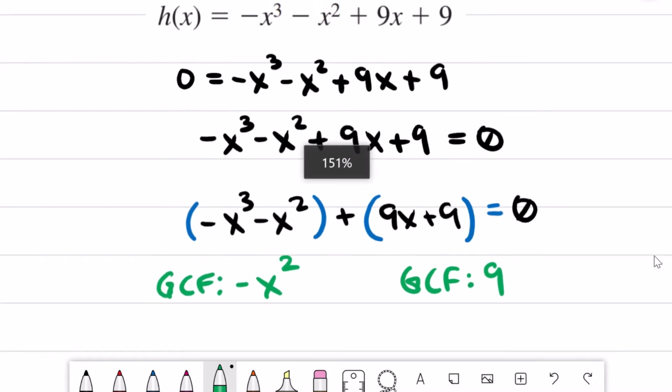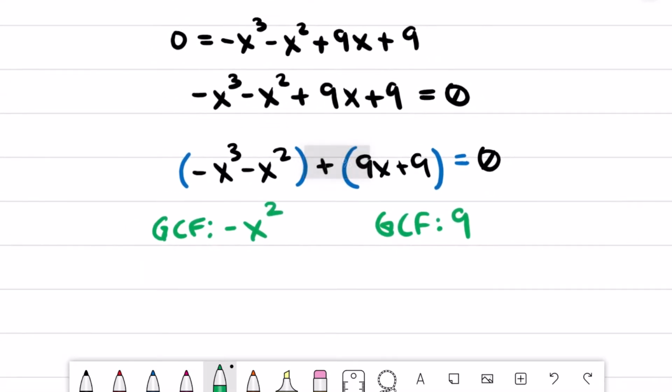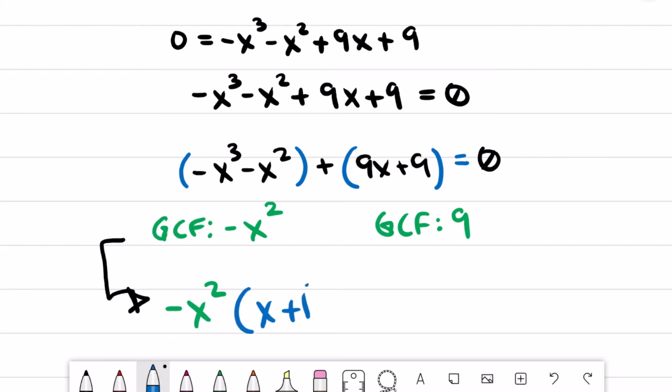So I'm going to rewrite my function with those terms factored out, and on the left side I'm going to get negative x squared times x plus 1, and then on the right side I'm going to get plus 9 times x plus 1, and then again we're making it equal to 0.